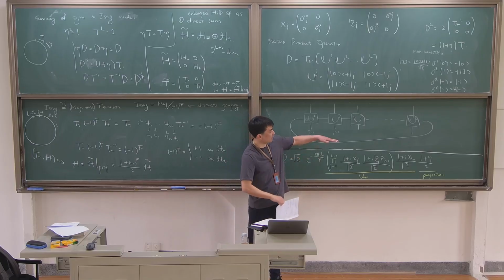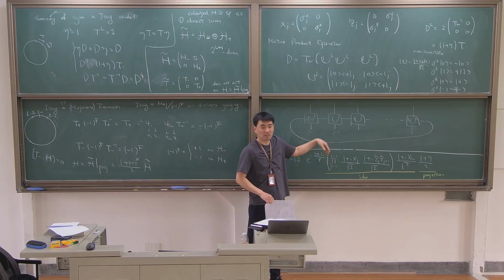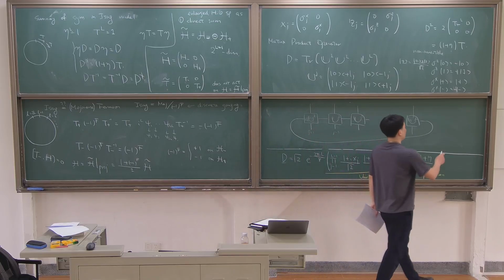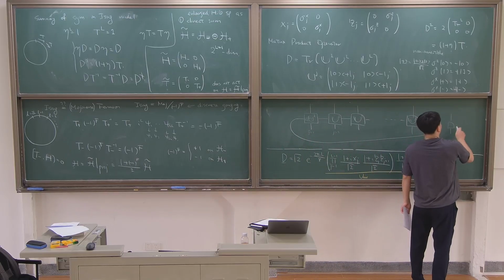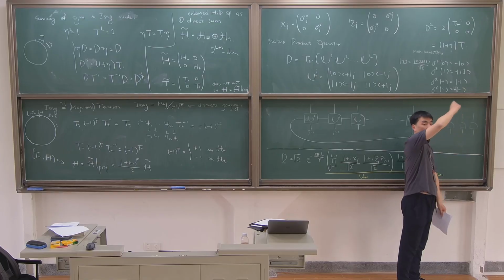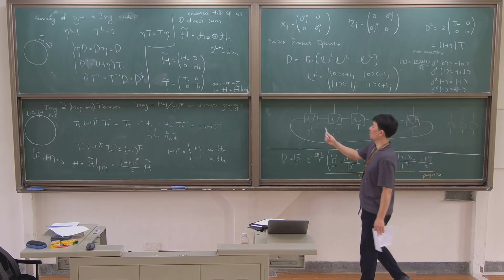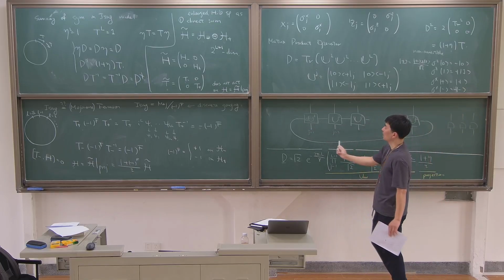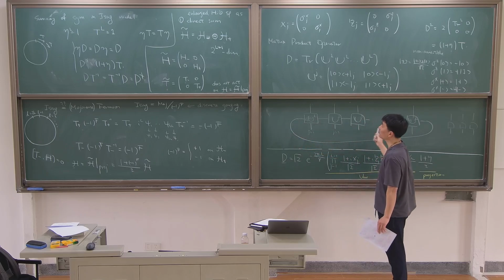From bottom to up is kind of like the time transition. So if you have only this kind of transformation, it's just a unitary operator. But now we have a horizontal line, and then you take a trace.